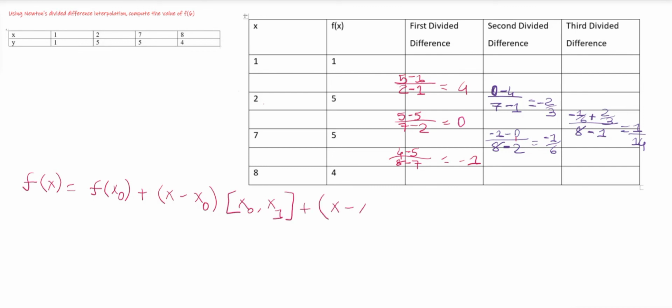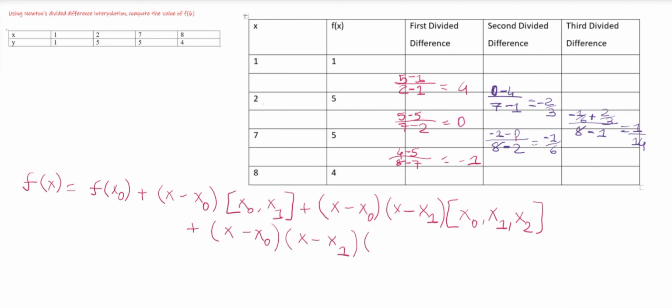It's the first divided difference, plus x minus x naught into x minus x1 into x naught comma x1 comma x2, plus here this x naught, x1, x2 in the square brackets is the second divided difference. Then x minus x naught into x minus x1 into x minus x2 in the square brackets, x naught, x1, x2 and x3. So here this is the third divided difference.